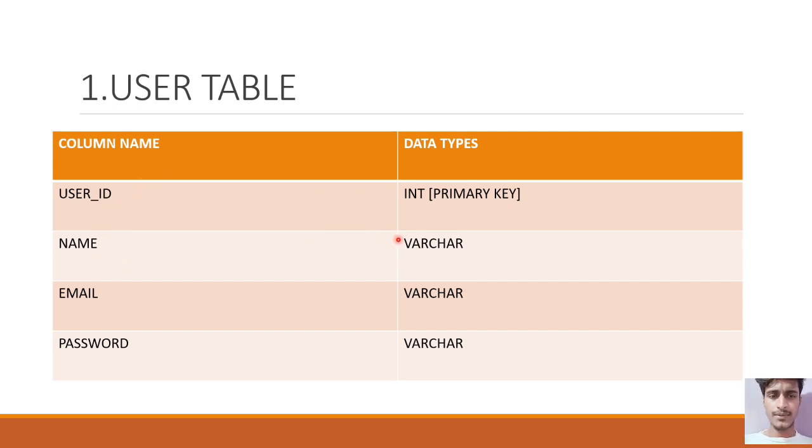For name, we assign data type varchar. For any character type of data, we assign varchar. Next is email, for which we also assign varchar. For password also we assign varchar. We can also assign int for the password, but if the password is a mix of alphabets and numbers, then we assign varchar.